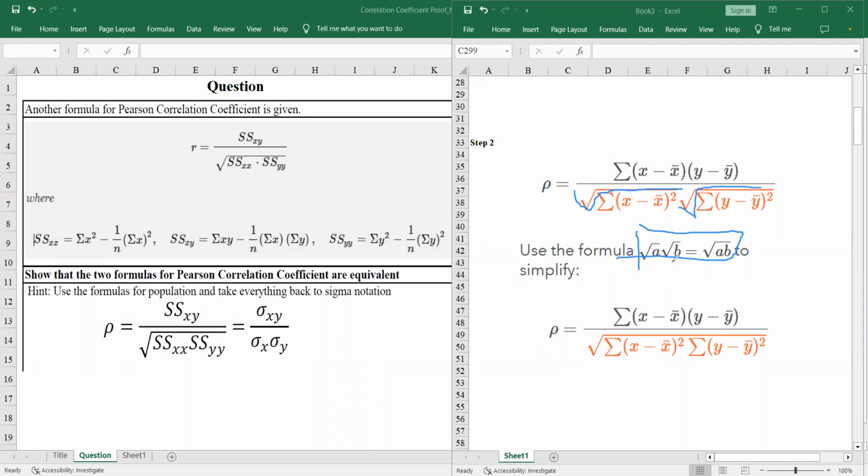So under root a multiplied by under root b is equal to under root ab. Using this formula, we now have only one under root in the denominator. The benefit is that in the original question we only have one under root, so it's better to keep it consistent throughout the exercise.